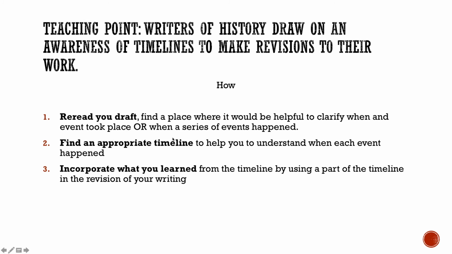Once you have that done, you've got to find an appropriate timeline. I am posting in this assignment several timelines that I think will be really useful. I have one for Lewis and Clark. I have one for the Mexican-American War.